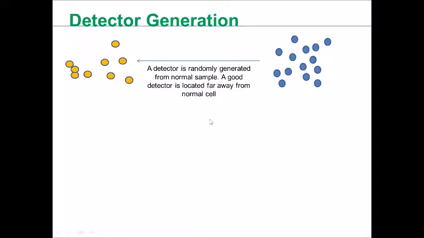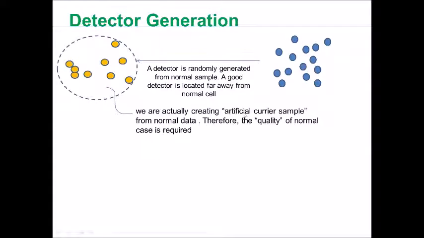We are creating artificial samples from normal data, therefore the quality of normal data is required. We try to generate as many artificial detectors as we can, considered as antigens, that behave differently from the normal data.